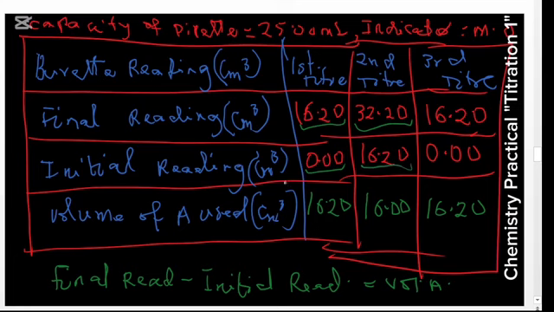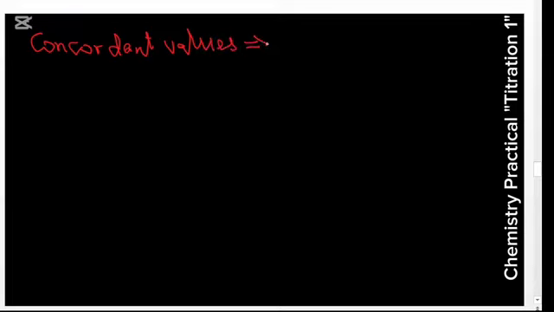Another thing to note again is that you must always write the unit of your burette. It is in cm cube. You can see that in cm cube. Okay, and then if you have to now do the calculation, your calculation must be only limited to those volume of A that are concordant. How do you know values that are concordant? Concordant values, right?